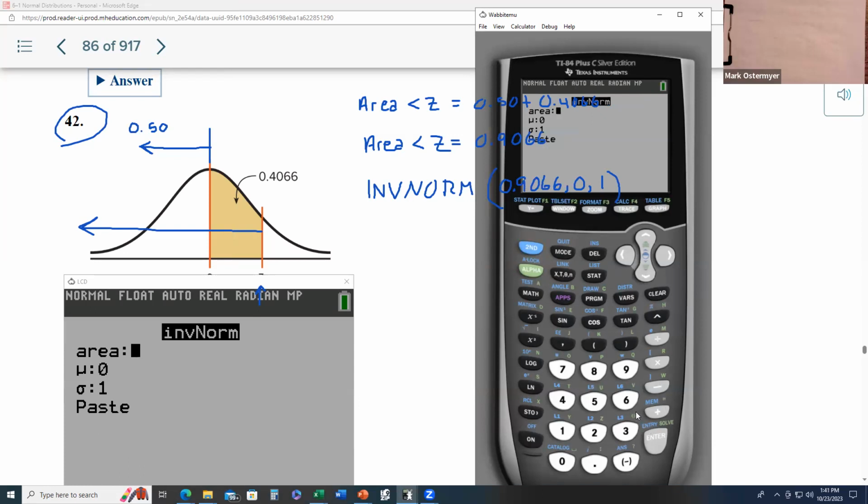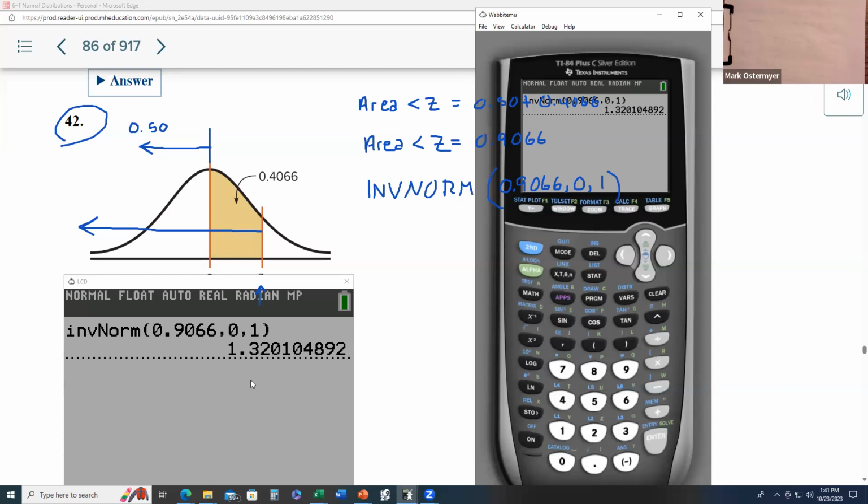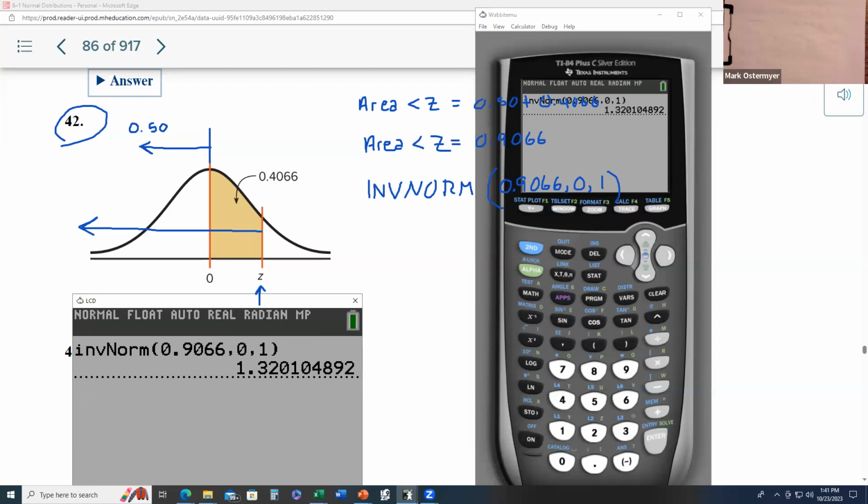The area to the left must be what did I say? 0.9066. The mean and standard deviation are still the same. And that Z value should be about 1.32. Did we all get that? 1.32.